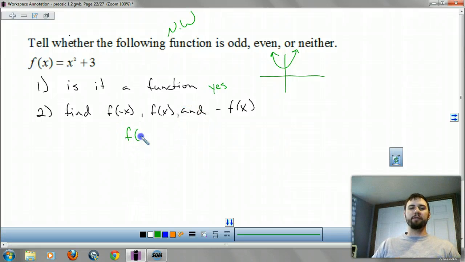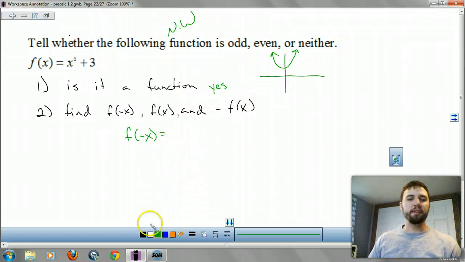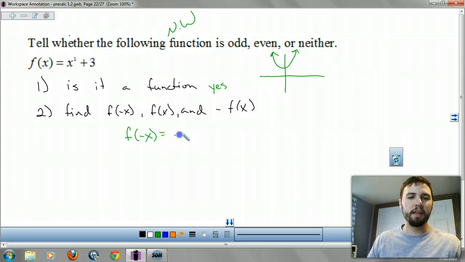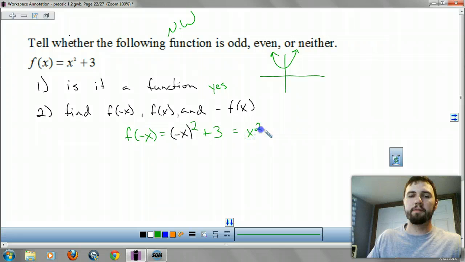First, let's find f of negative x. So what that means is, wherever I see an x, I'm going to plug in a negative x. Okay? What's negative x squared? Well, it's just x squared.